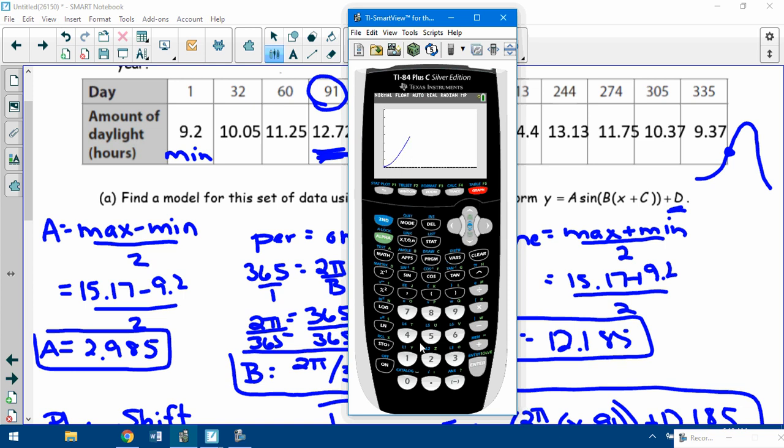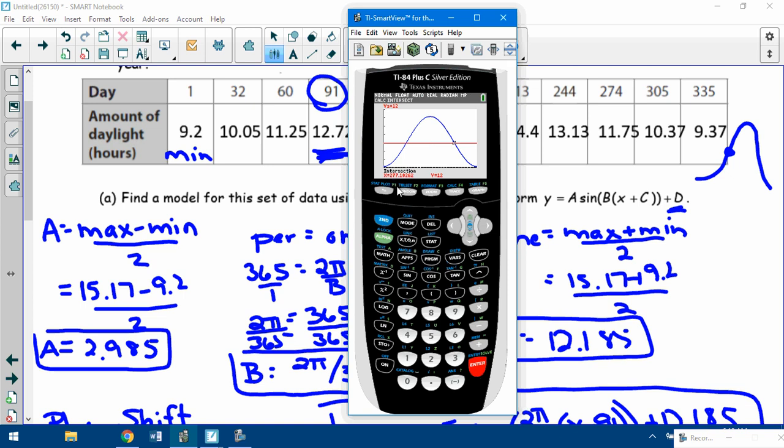Now again, it's going to look like a negative cosine graph, but we've shifted it. So that's why it's sine. Even though it looks like negative cosine, we know we put in a sine graph. And there's y2. So I can find second calc intersect the days when there's about 12 hours of daylight.